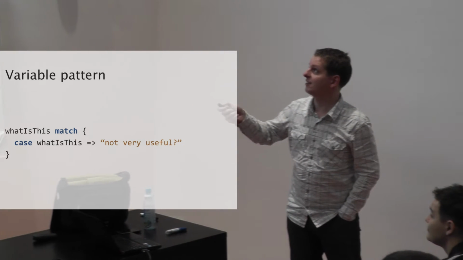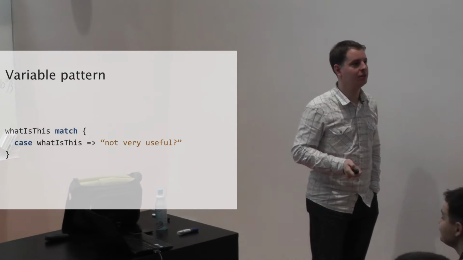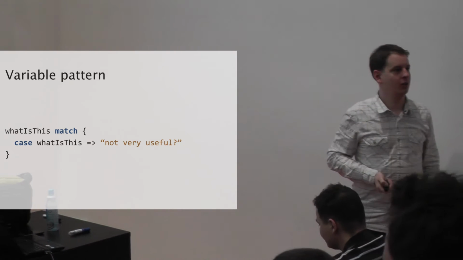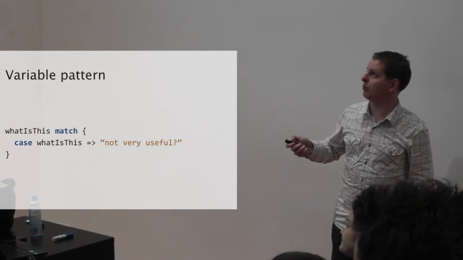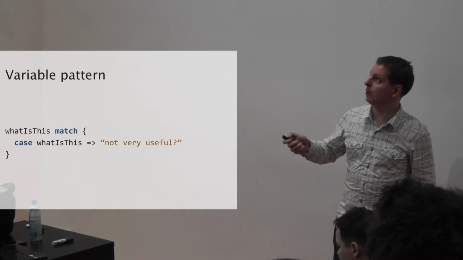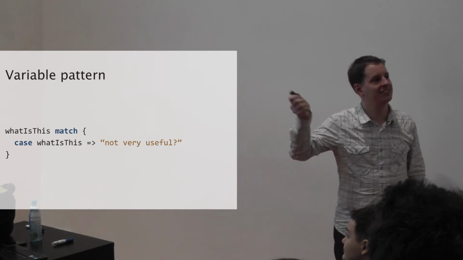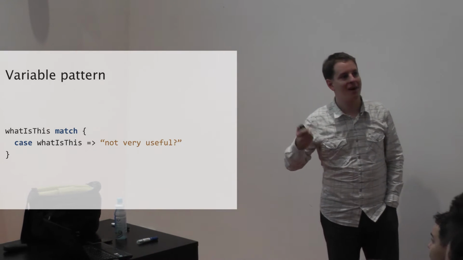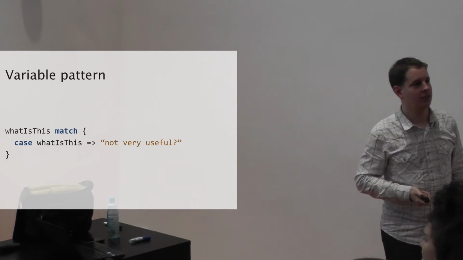In this case, it's pretty obvious this is totally useless, but it might happen too in real life, if this name will shadow some other variable in scope. And you might not notice it.